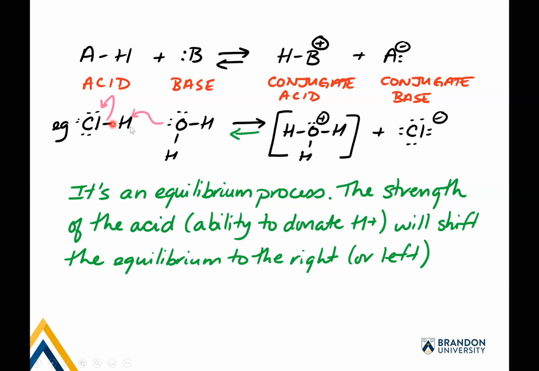The chlorine-hydrogen bond is polarized. Chlorine is more electronegative, so the H end will be the delta plus. And here we've got our negative electrons going to the partial positive charge. So negative goes to positive, and then these electrons are going to move onto the more electronegative atom, chlorine, to make chloride ion. And then we've got H3O plus as the conjugate acid.